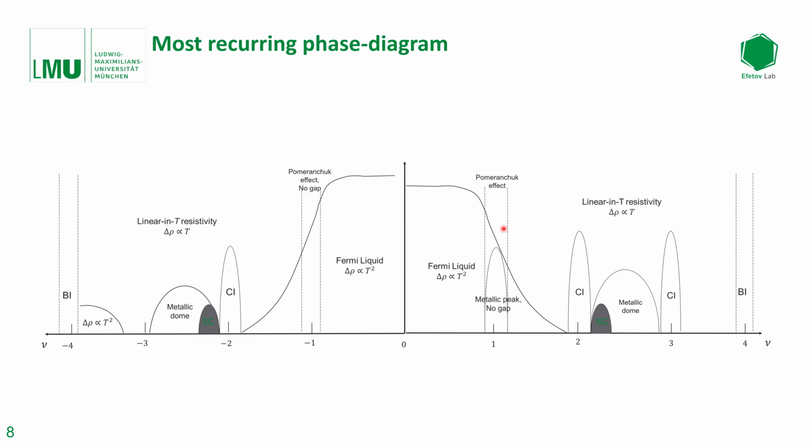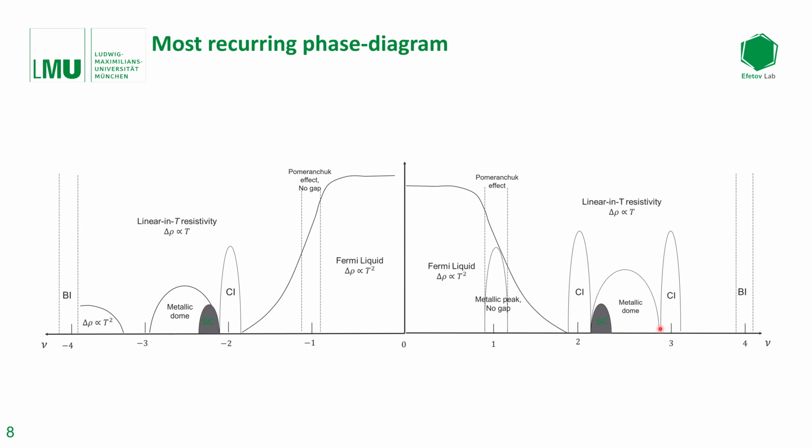The filling factors 1, -1, -3 are typically not gapped and are metallic, or maybe have some sort of weak temperature dependence, like the Pomeranchuk effect. And then really close to charge neutrality, we believe it's reminiscent of Fermi liquid behavior.